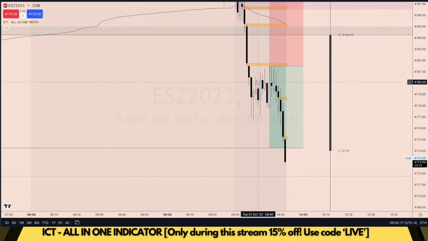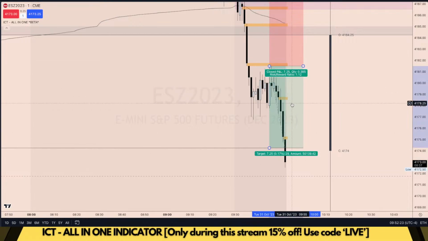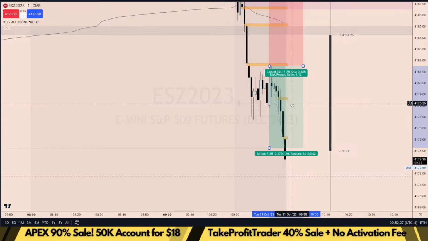Right here, we got in off the volume imbalance, consolidation, continuation. More of a gut feeling trade. I wouldn't give this a name or call it a specific model. Comes with screen time.